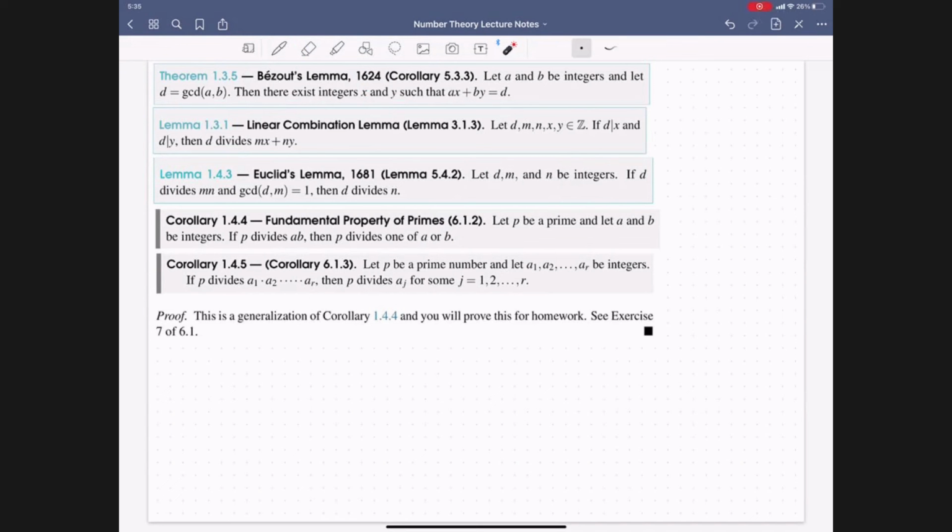But the proof is very reminiscent of the movie Inception, in that it has multiple layers. You actually have to use the well-ordering principle twice in a very clever way to get the argument. Bezout's lemma saves us so much work, but as you go through the proof, you will see that there are a lot of similarities. I will also be posting a video I recorded last year that goes through that same proof, but it's a longer video, so that's optional.